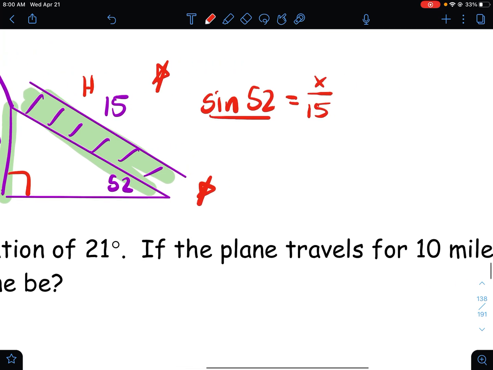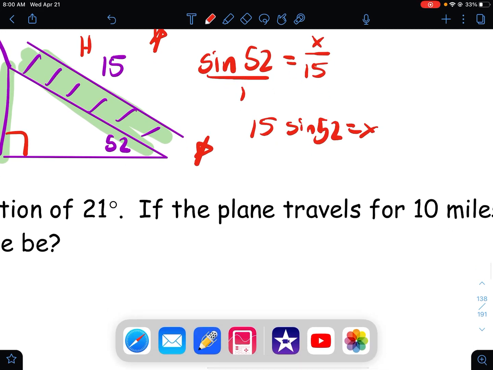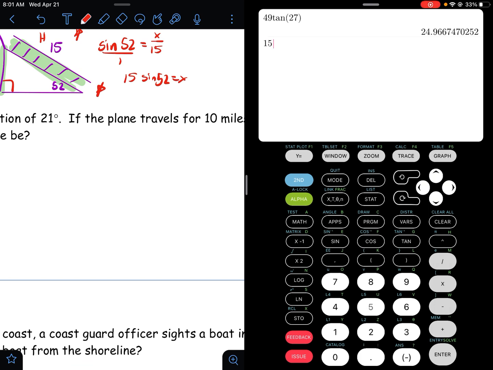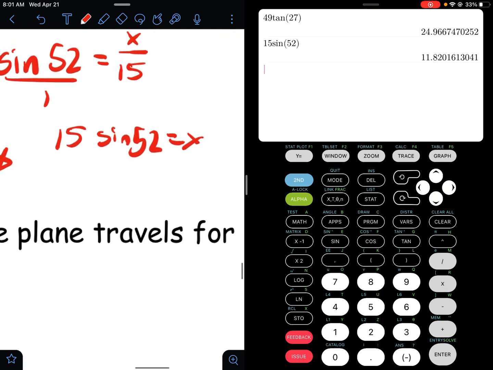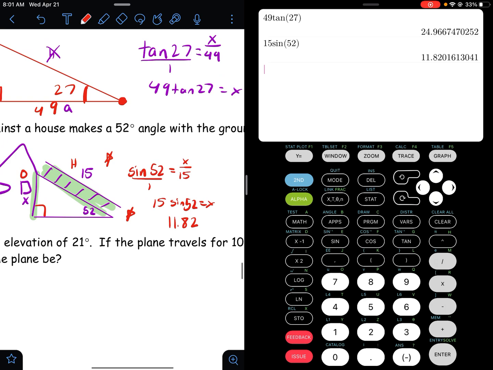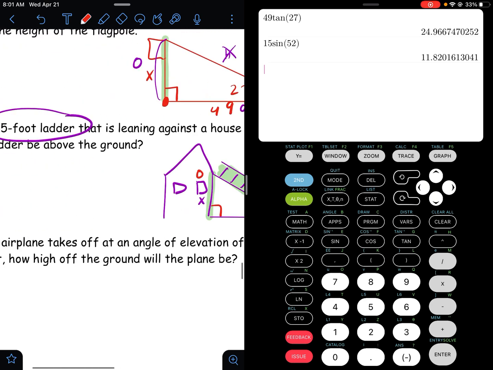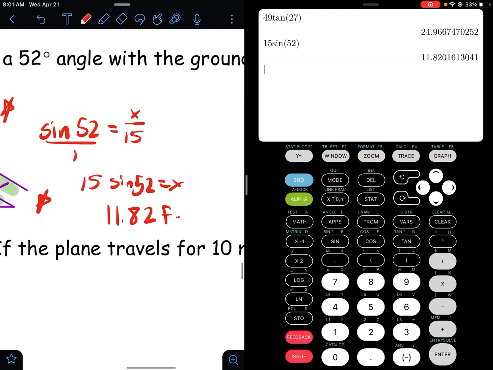So to solve for the height, we're just going to cross multiply. We get 15 sine of 52 equals x. And we can go plug that into our calculator. And we get 11.82. And then this is going to be in what, meters? Feet.